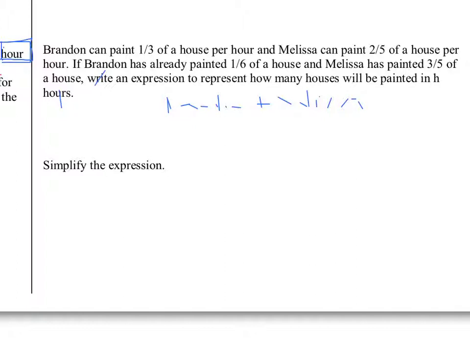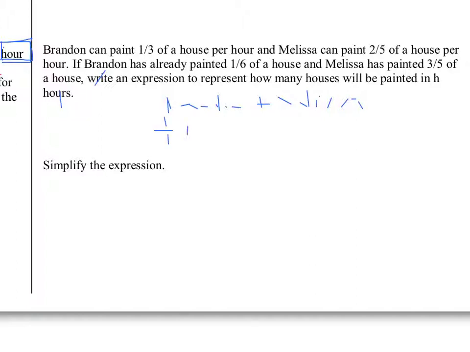So I want to know how much he's already painted. How much can we already add to their total right now? Brandon, since this problem's about you, I think you can help him out. Yeah, so he's already got 1/6 of a house.